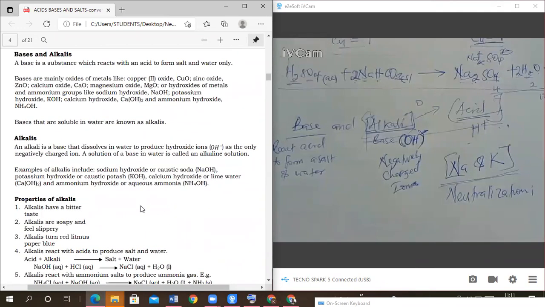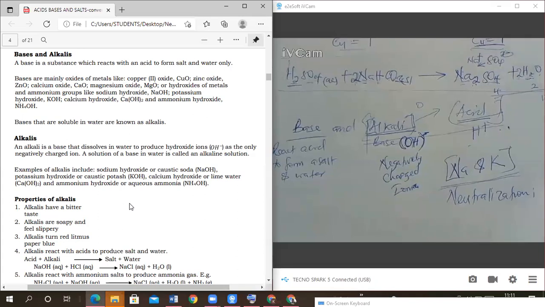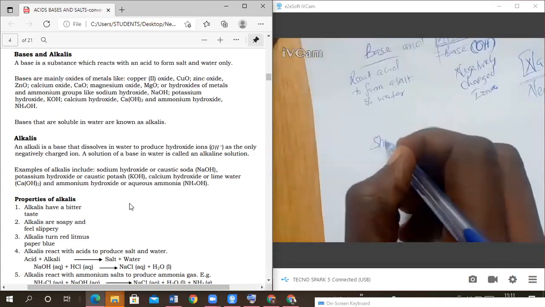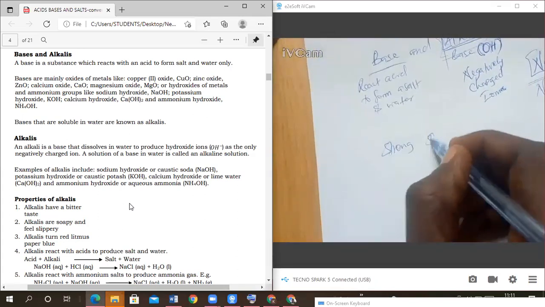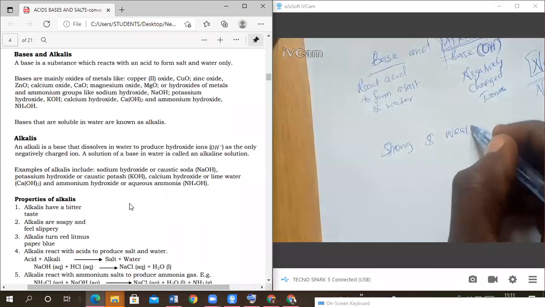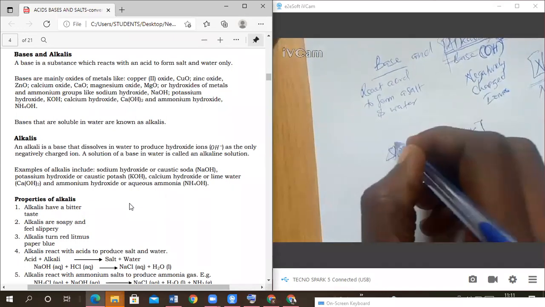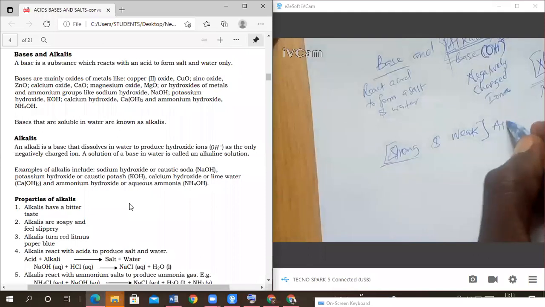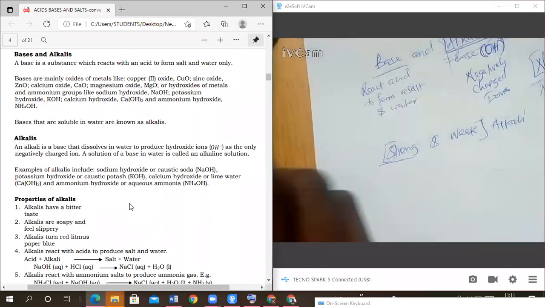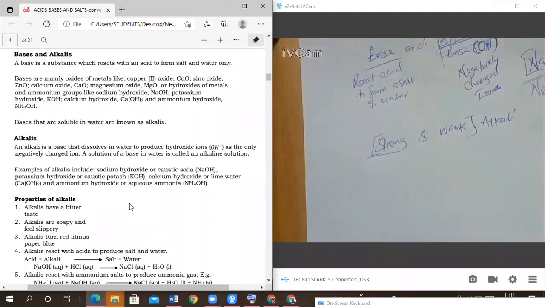So according to that, what's the difference between a strong and a weak alkali? According to what we have defined the alkali, what is a strong and a weak alkali?